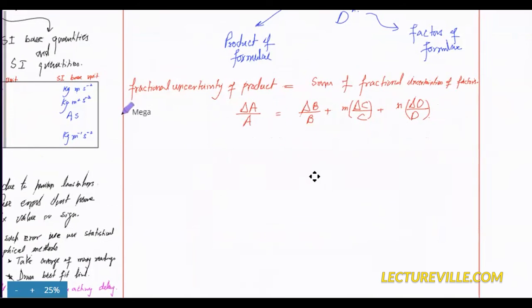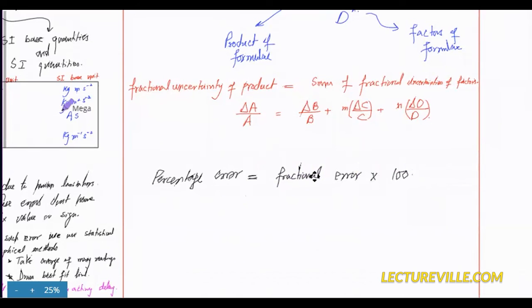Now, percentage error equals fractional error multiplied by 100.